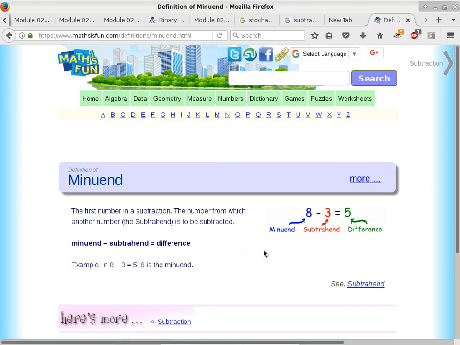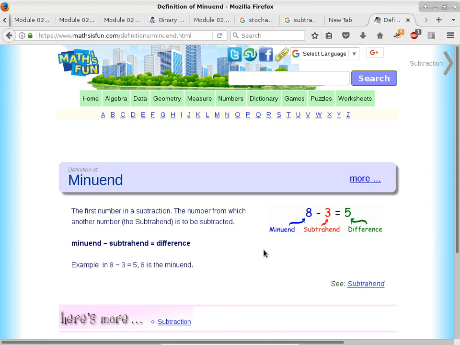In a subtraction, the number that is being subtracted from is called the minuend. The amount that you're removing from the minuend is called the subtrahend. And the result, of course, is called the difference. Are we clear on the terms? Minuend is the first number, subtrahend is the second number in the subtraction.